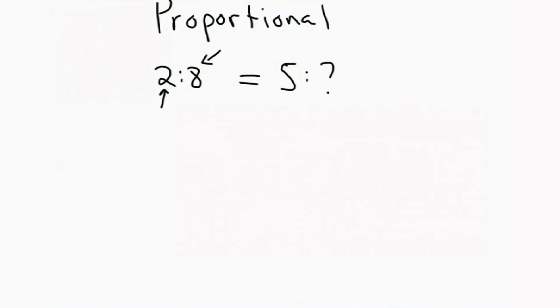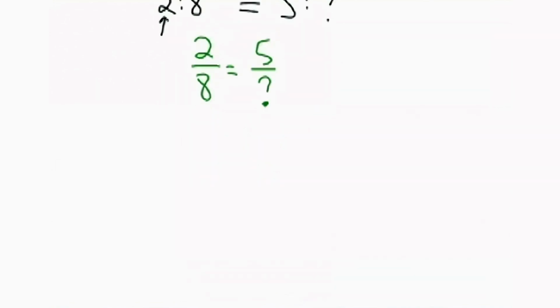So 2 divided by 8 is equal to 5 divided by some unknown. If you viewed the videos solving equations 1 and solving equations 2, you can see that we solved these in solving equations 2, where we just used the variable x.